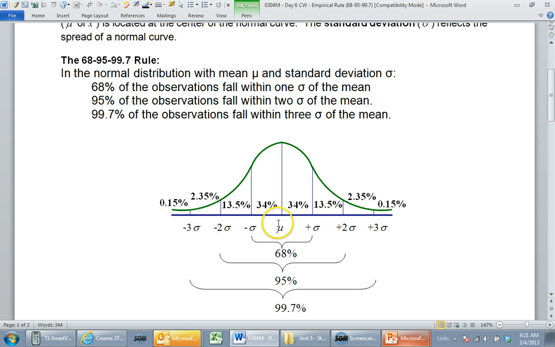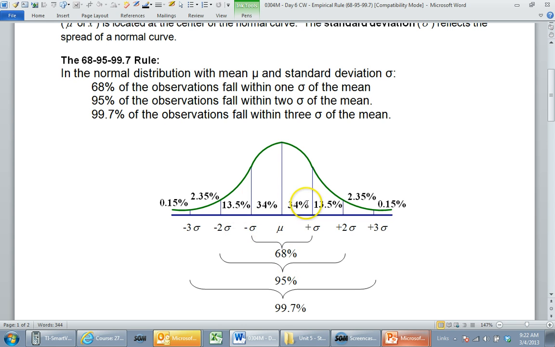Two standard deviations in both directions capture 95% of the data. Three standard deviations in both directions capture 99.7% of the data. Okay?